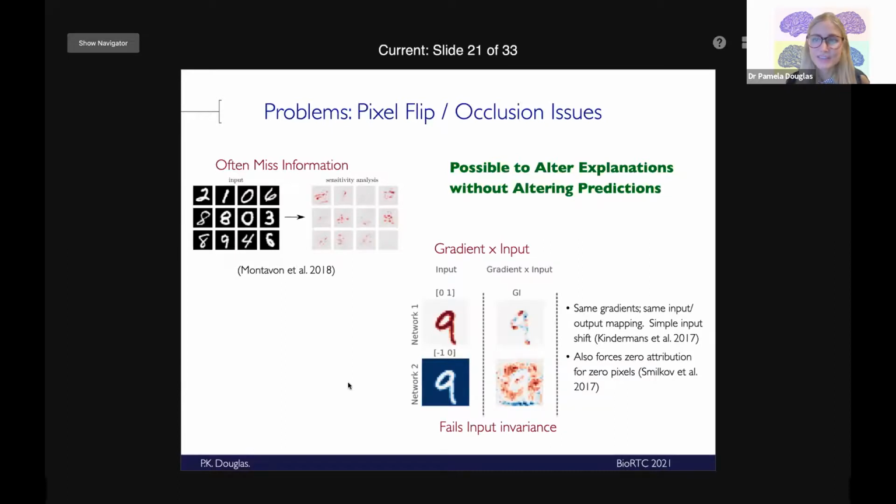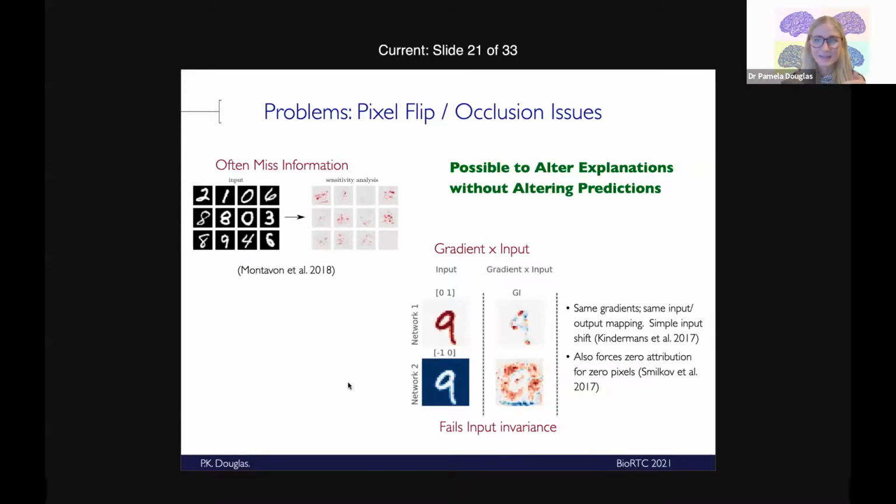But unfortunately, even some of these very sophisticated methods still sometimes fail on some very classic data perturbations. So there's a great paper by Kindermans, for example, that shows that you can have the exact same model essentially, and just shift the input. So just add a constant value to it. And it turns out you can still have the exact same predictions. So each input will still produce the same prediction.